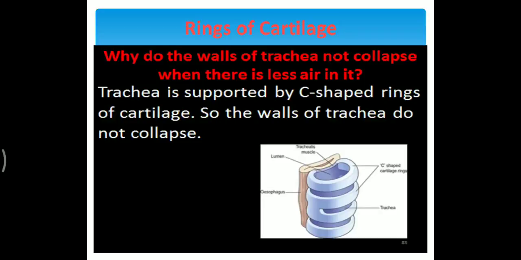We inhale, we exhale, fast or slow, however we are doing, but still our windpipe does not collapse with the air pressure, because trachea is supported by C-shaped rings of cartilage. The pipe is covered with the cartilage structure. Trachea is supported by C-shaped rings of cartilage, so the walls of trachea do not collapse.